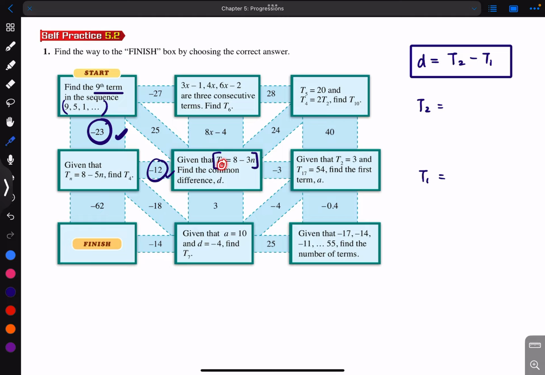So Tn is 8 minus 3n. T2 will be 8 minus 3 times 2. T1 will be 8 minus 3 times 1. So 8 minus 6 will be 2. 8 minus 3 will be 5. So the common difference will be T2 minus T1, which is negative 3. Here.